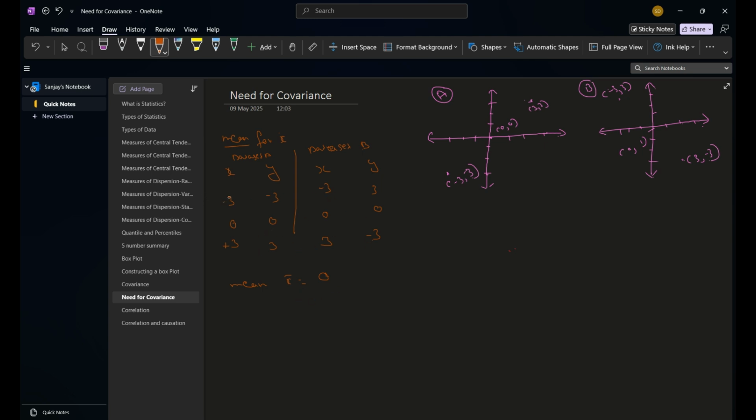For both the data sets, the mean of x will be 0 itself, and the mean of y for data set A will be minus 3 plus 3, which is 0, and for B the mean will be the same, 0. So the mean of x for both data sets, and of y for both data sets, is 0.